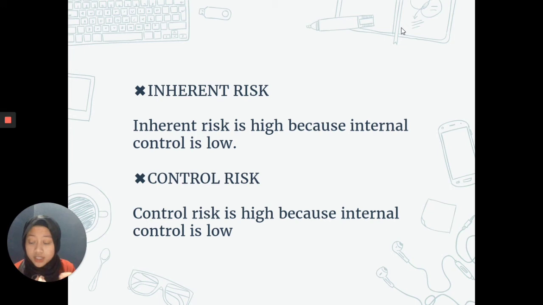It is because in this situation, the Dado Enterprise perhaps has serial numbers in invoices that are not recorded at the transaction. So the information, the communication, and also the control are very low, and that is why the risk is very high.